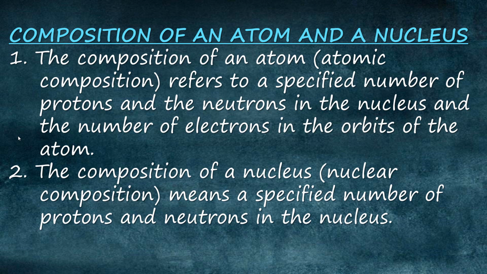So if we ask you for the atomic composition, tell us the number of protons, the number of neutrons, those are in the nucleus, and then the number of electrons in that atom. If we talk about the nuclear composition, we want you to tell us the number of protons and the number of neutrons in the nucleus. In simple terms, tell us the number of nucleons.